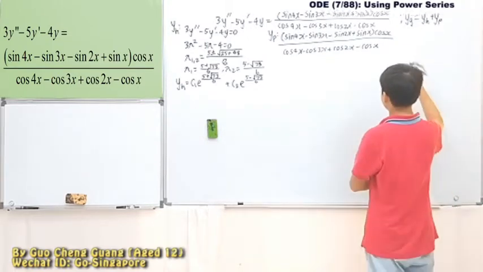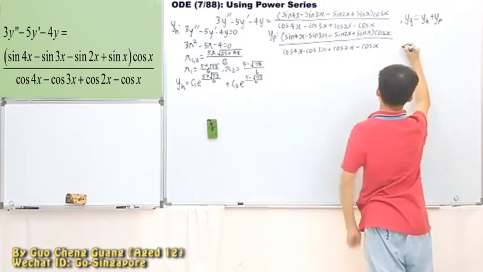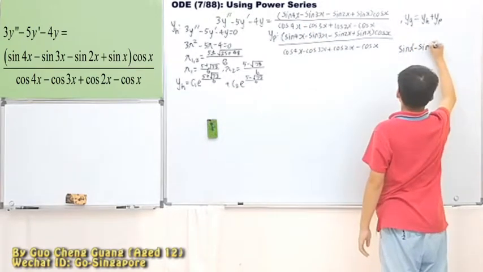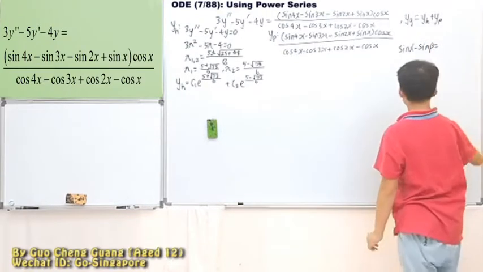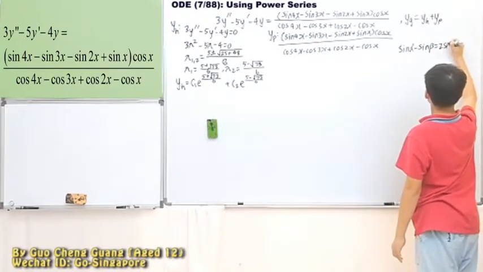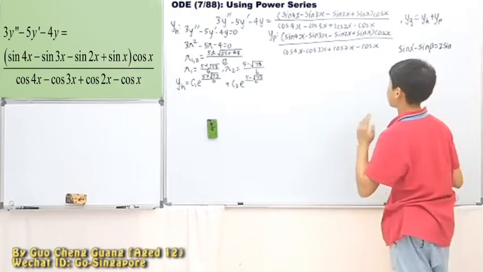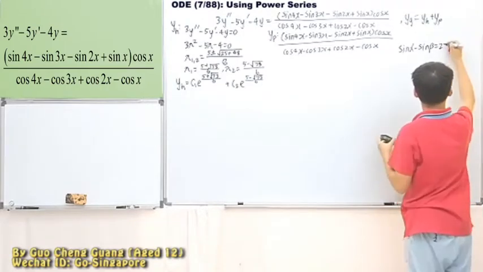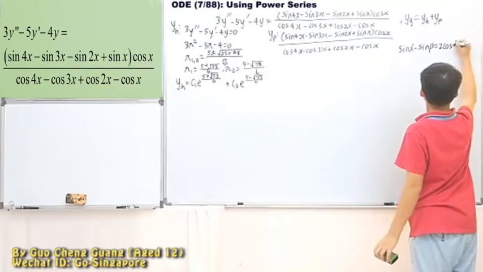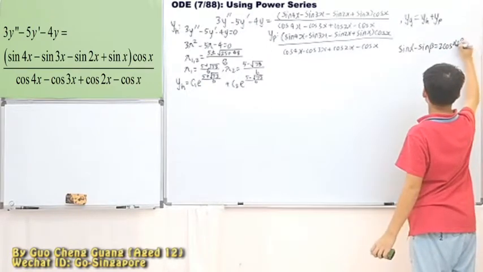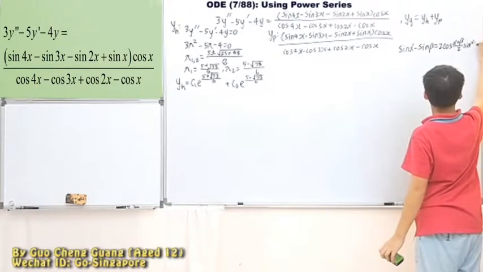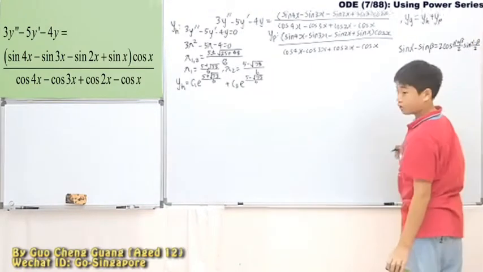Sum to product. For example, here you are using sine alpha minus sine beta. Then this will be 2 cosine of alpha plus beta over 2, and the other is sine of alpha minus beta over 2.